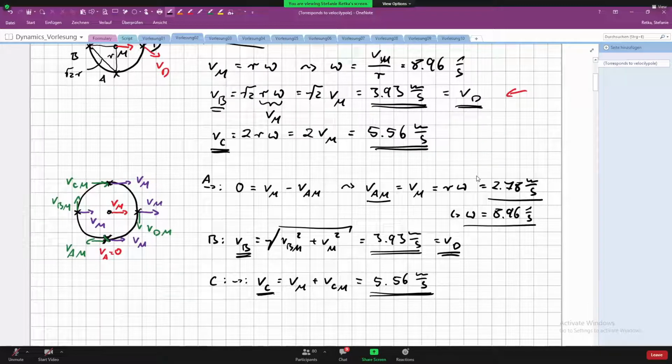Double in size compared to the velocity Vm, which we can know since VAM and Vm are of the same size. So if we add them here, pointing in the same direction, it's just like 2 times Vm.